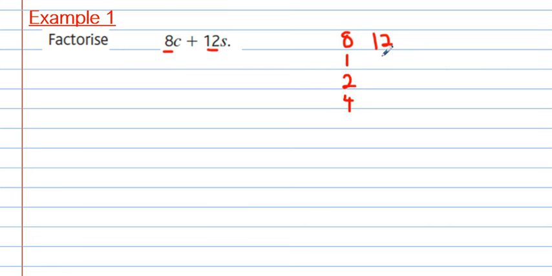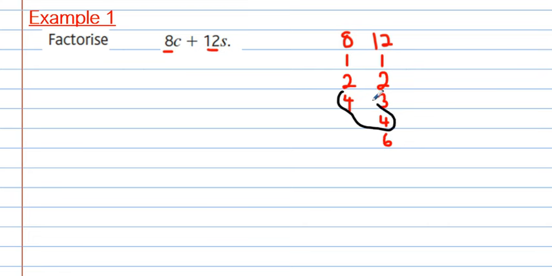Okay, now let's list the factors of 12. So we have 1, 2, 3, 4, 6, and 12 itself, which is already written. Okay, so the highest common factor here, 1 is common, 2 is common, but the highest common one is 4.